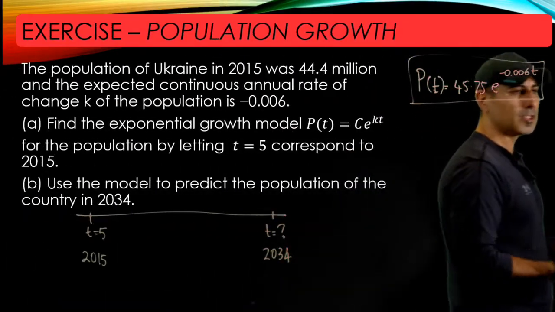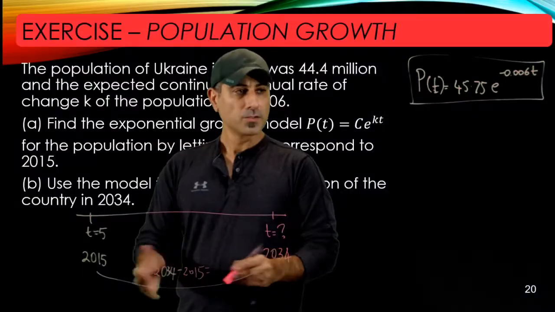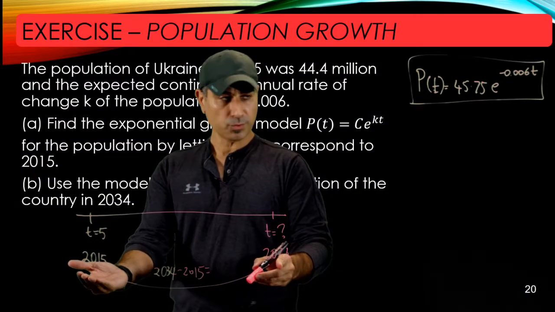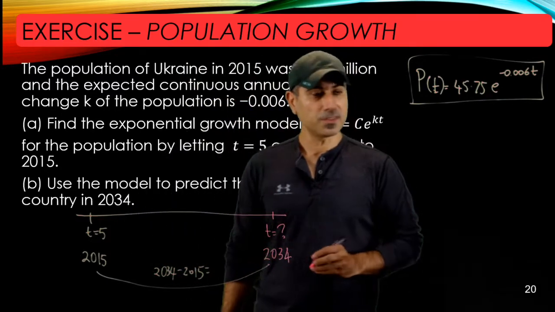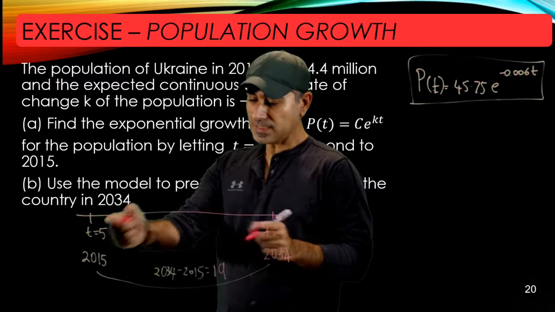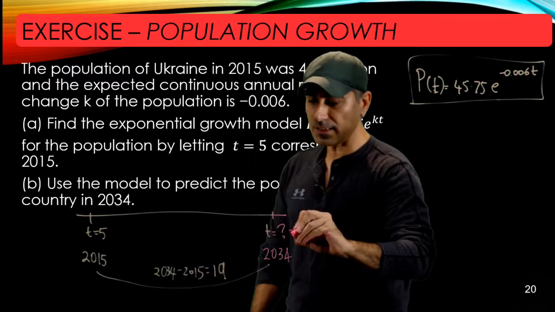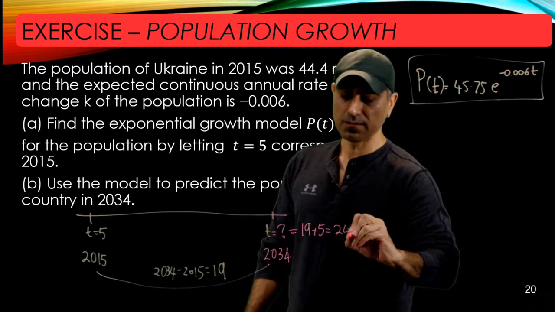So what t corresponds to 2034? The difference between 2034 and 2015 is 2034 minus 2015, which is in fact 19. So there are 19 years in between, so this t should be 19 plus 5, which is 24.